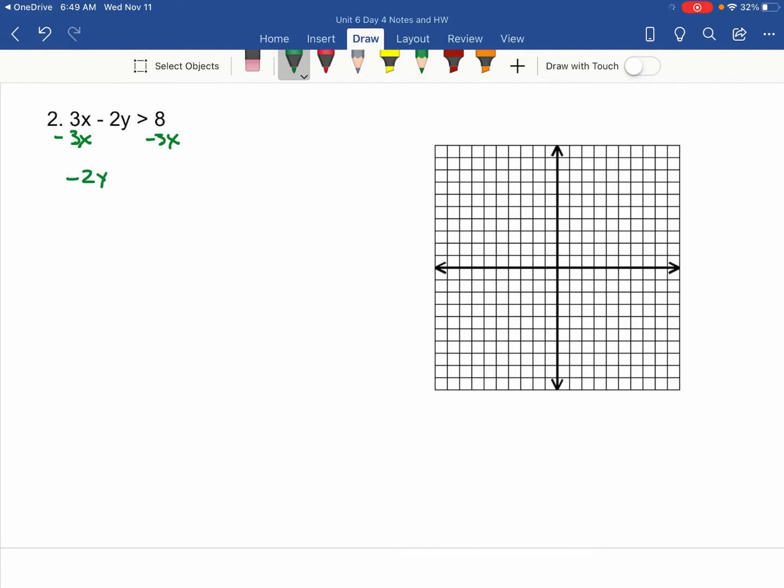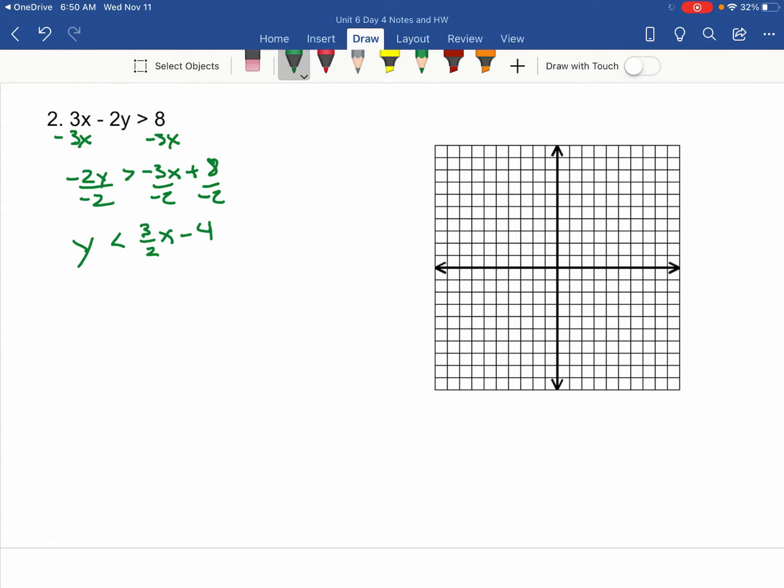I get negative 2y is greater than negative 3x plus 8. I'm going to divide everything by negative 2. It's an inequality and I divided by negative 2, so something in your head should say, whoop, whoop, we're going to have to flip that inequality. So y is less than positive 3 halves x minus 4.